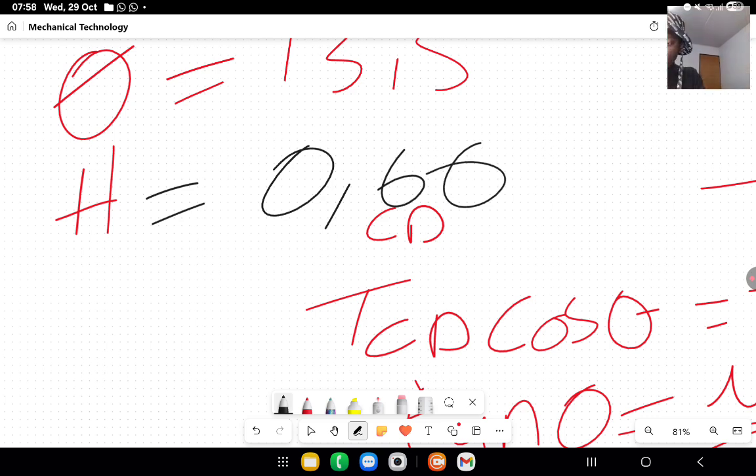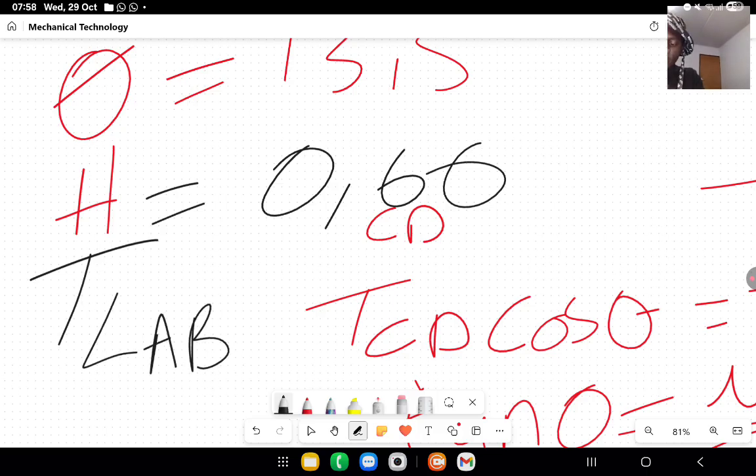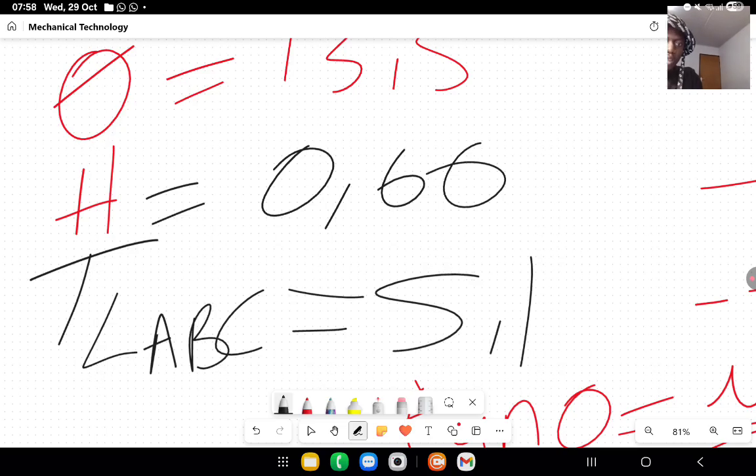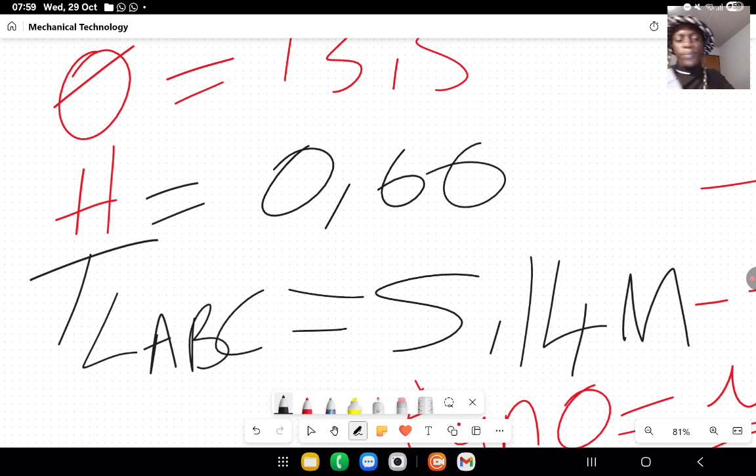Then we get the total length LABC, which is 5.14 meter. Yes, now we get the large total.